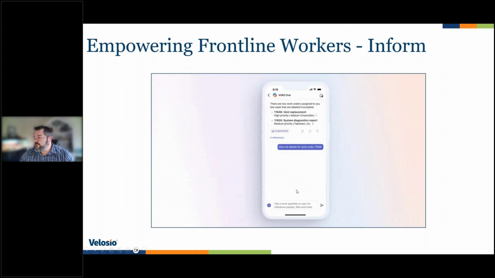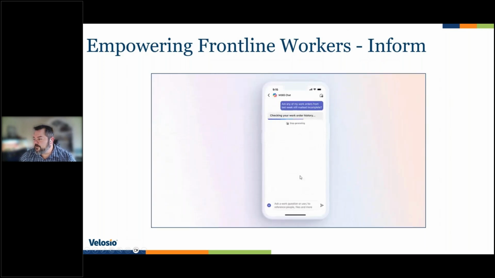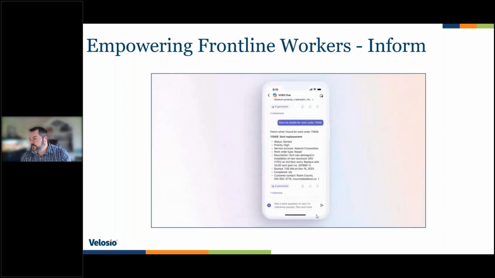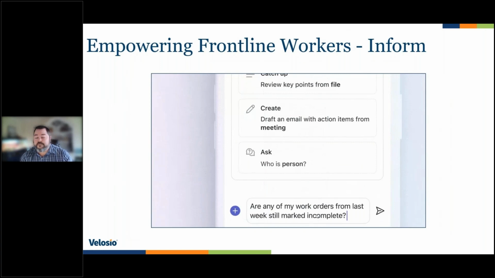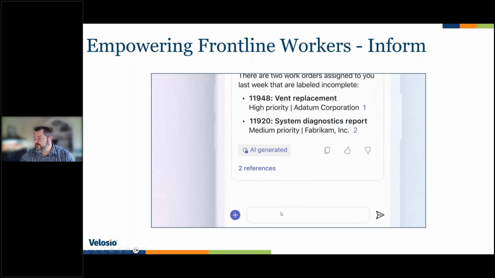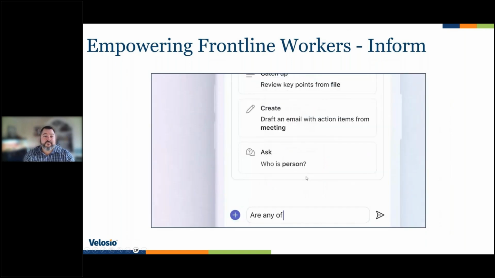As you can see from this demo, this one's asking for specific information. Any work orders from last week still marked incomplete. It gives them a list of those. Then give me details on that work order 11/9/48, and it gives you all the information on that. What's nice about this, if you see here, it gives details, and it gives you just a quick rundown of that work order and high level information.